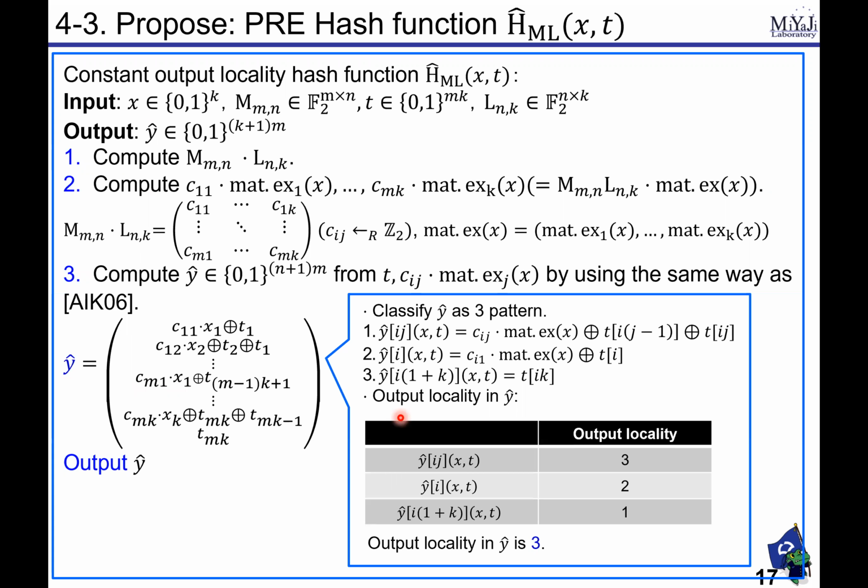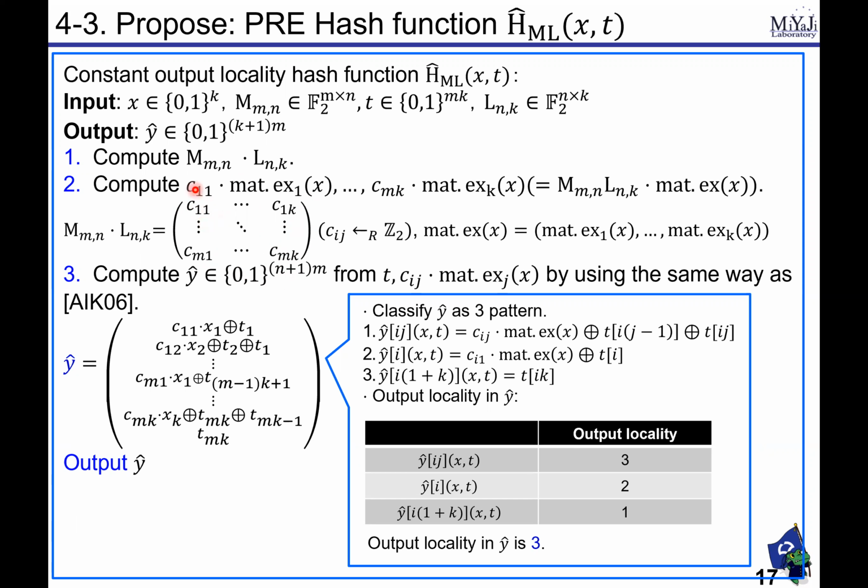So next, we propose our PRE hash function H_ML_xt. We first input x, a k-bit x, the matrix M, a random number T, and matrix L. We first compute M times L, and we separate it, so we have the matrix M times L as parts C_11 to C_mk.